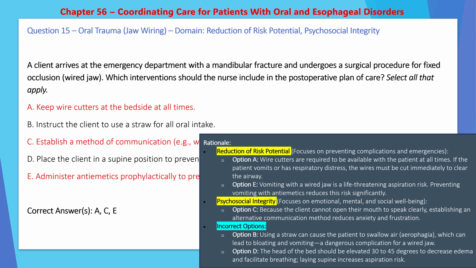So because of the reduction of risk potential, it's options A and E. Vomiting with a wired jaw is a life-threatening aspiration risk, so the wire cutters are needed at all times. And the psychosocial integrity, which focuses on emotional, mental, and social well-being, it's option C, because the client cannot open their mouth to speak clearly, so establishing an alternative communication method reduces anxiety and frustration.